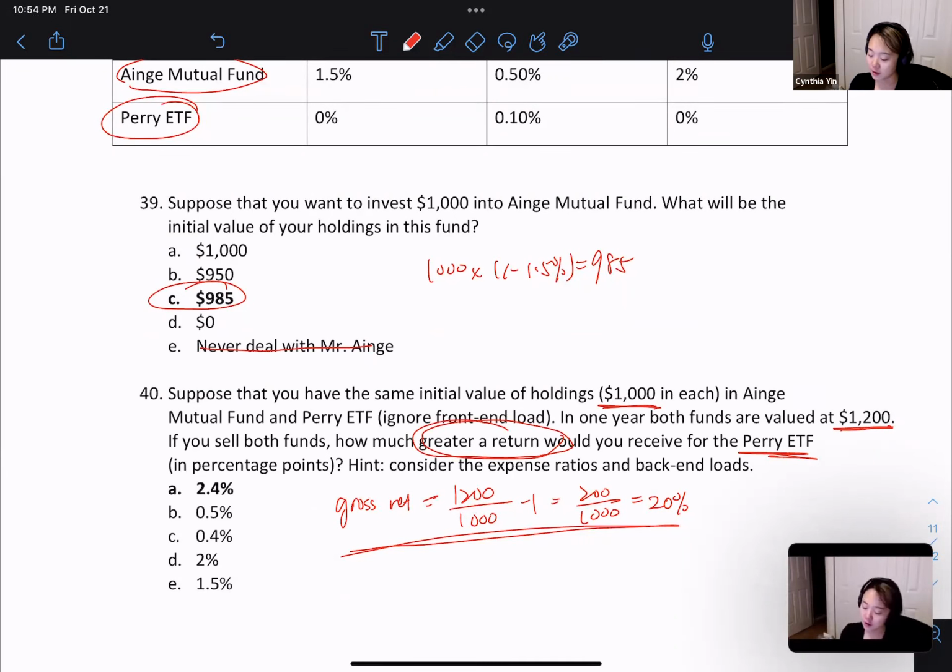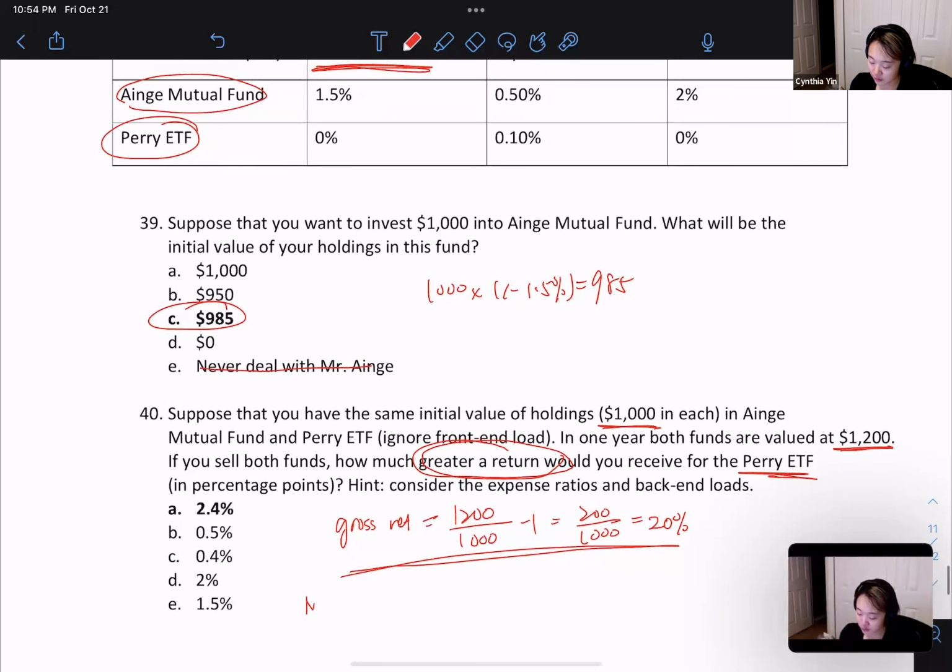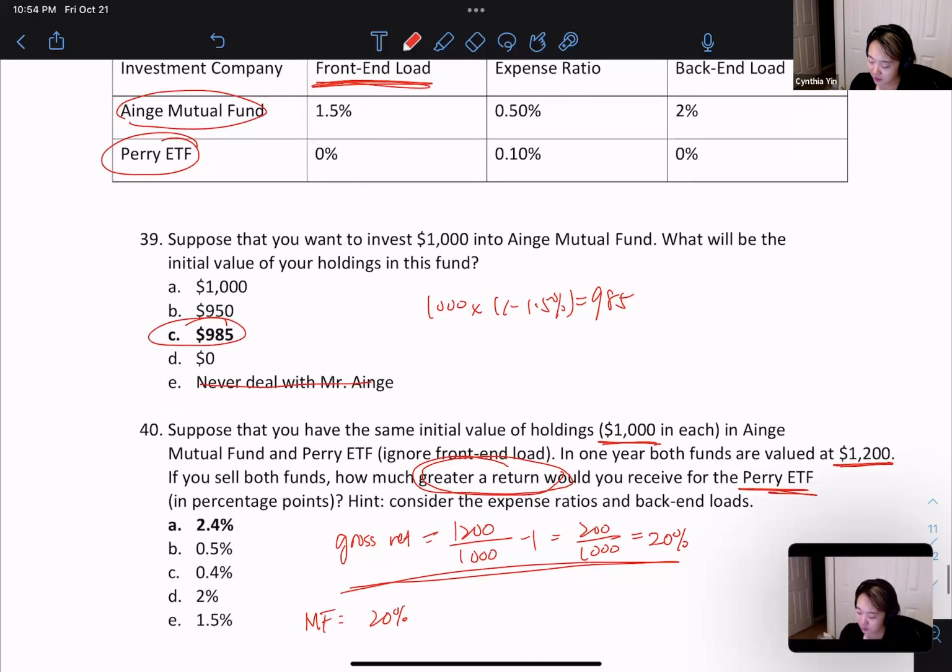Actually, you can still calculate the gross return. For the mutual fund, what you get is 20% minus 0.5% minus 2%. The first one is the expense ratio and the second one is the back end load. Back end load is when you exit, you have to pay the exit fee.